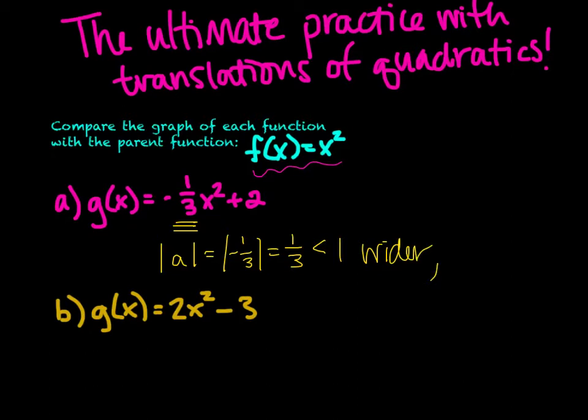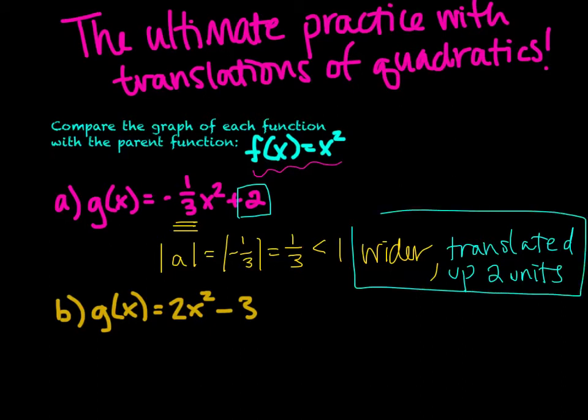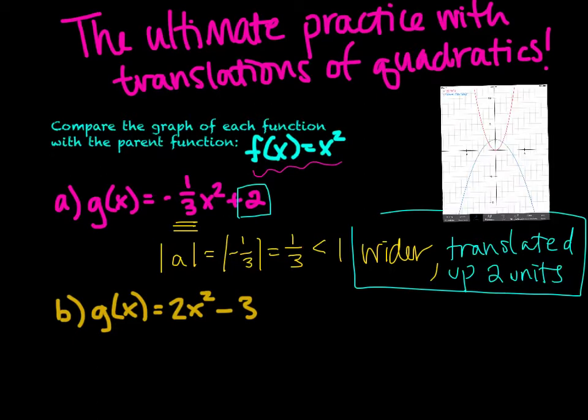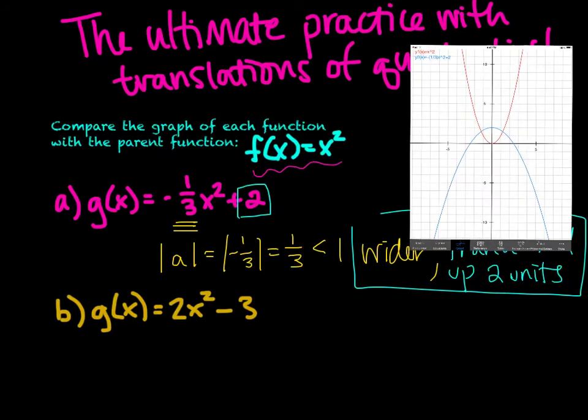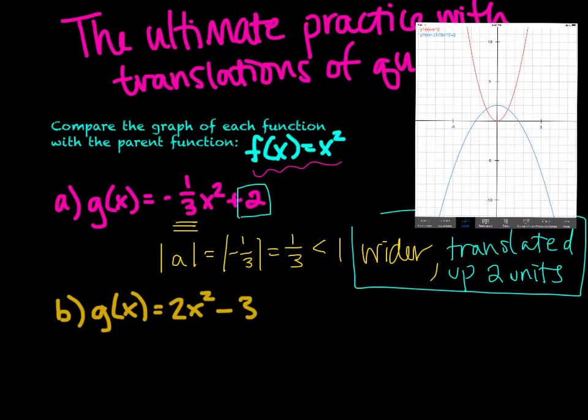Then we can also see from this 2 right here, a positive 2, it's translated up 2 units. So that is that answer. Let's see if we're right. Let's pull up a picture really quick. Actually, looking at this picture, I forgot one thing.